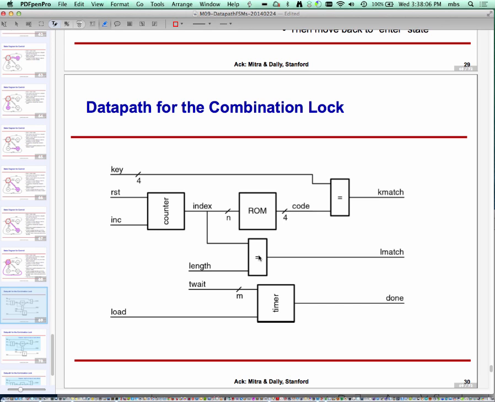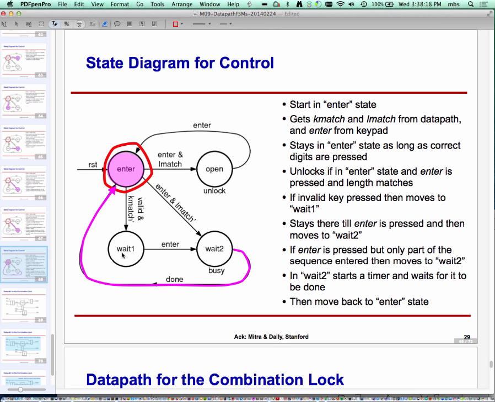The condition that has to hold true eventually is that K match has to be true and L match has to be true. If along the way K match is not true, then in our state machine we immediately went into this wait one state. Enter means that the door is locked: the user has pressed some number of keys, they are all correct, but not all the keys have been pressed.